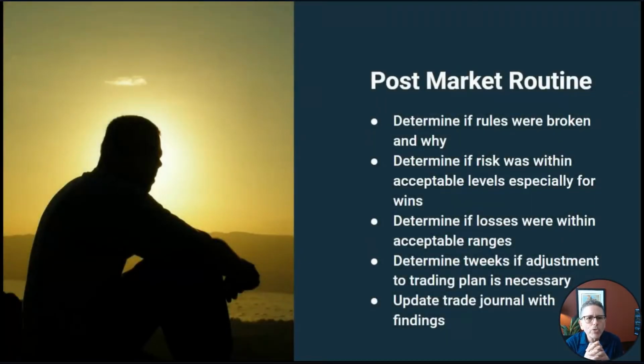All right, post-market routine. Look at what you did during the day, determine if your rules were broken, determine if risk was within acceptable levels, especially for wins, because when you win, you tend to be more complacent and you generally take more risk. It's an emotional thing. That's why I mentioned trading in the zone, because you want to be consistent with your trades.